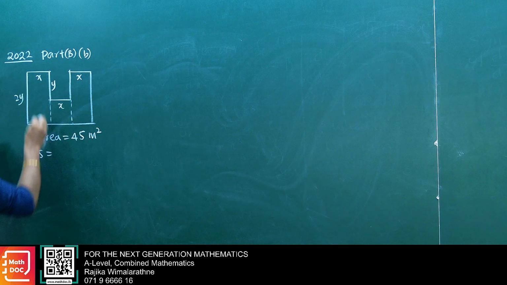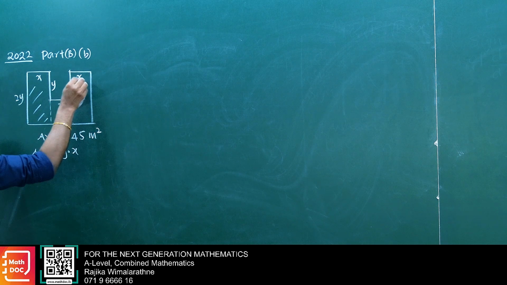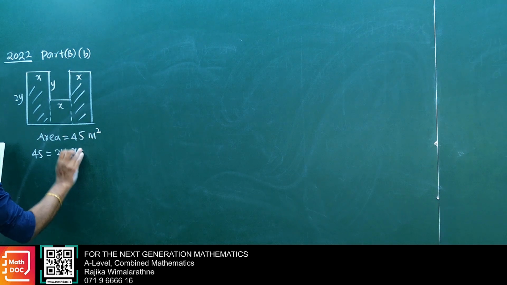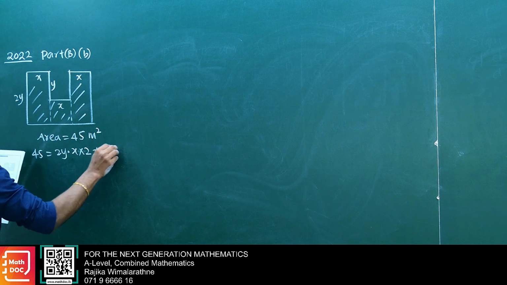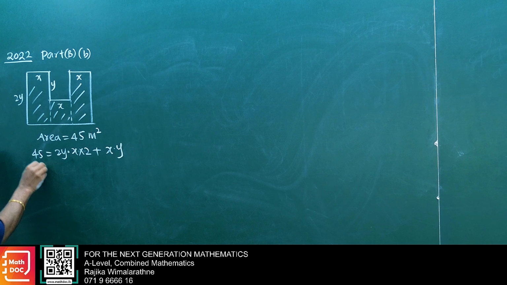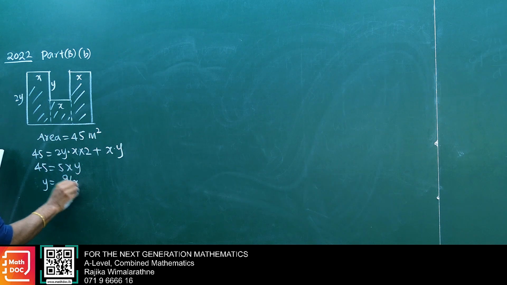Then 45 equals 2y times x plus x times y, that is 5xy. Here y equals 9 divided by x. Take this relation.